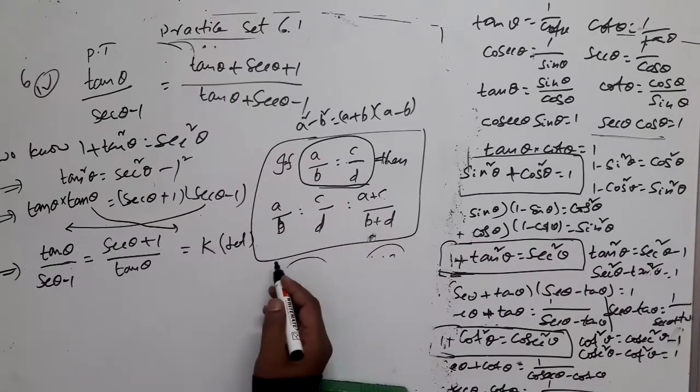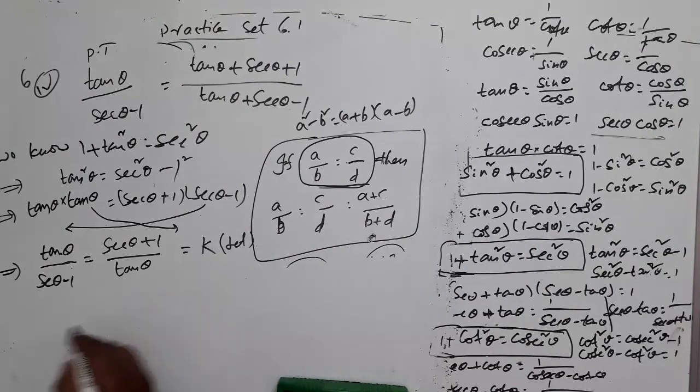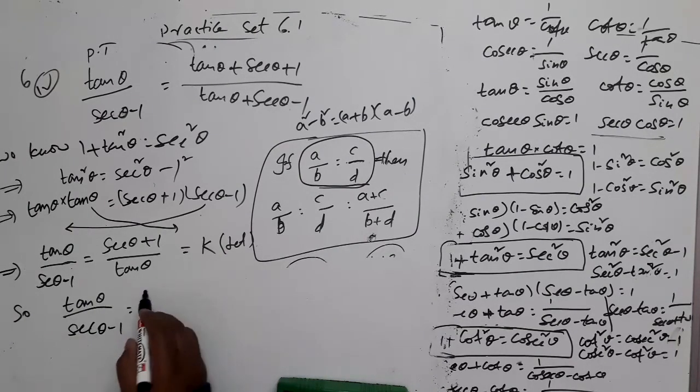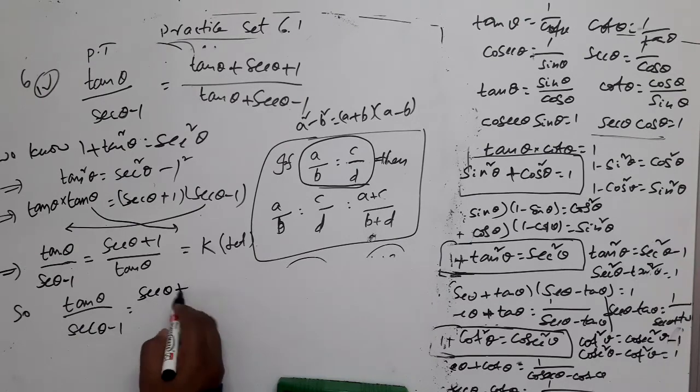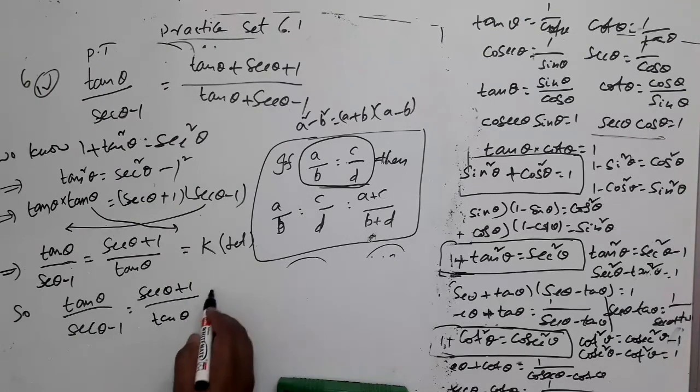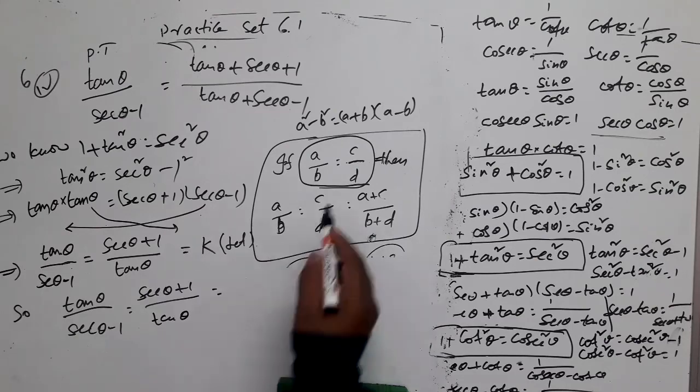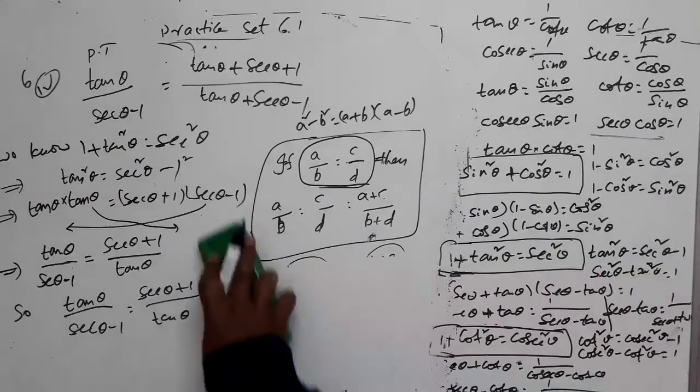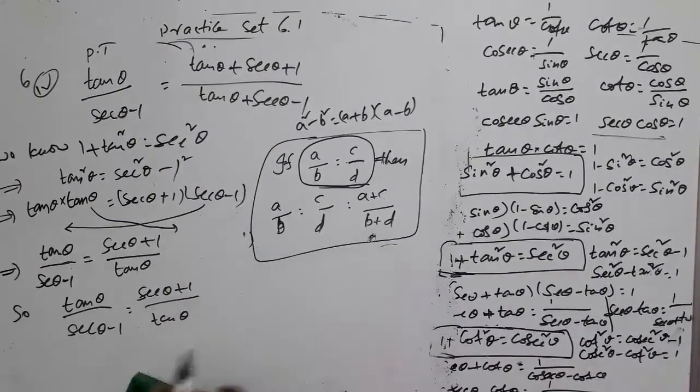So using this, what can I write? K is equal to, or directly also you can write, tan theta by secant theta minus 1 is equal to secant theta plus 1 by tan theta is equal to, yes, tell me.